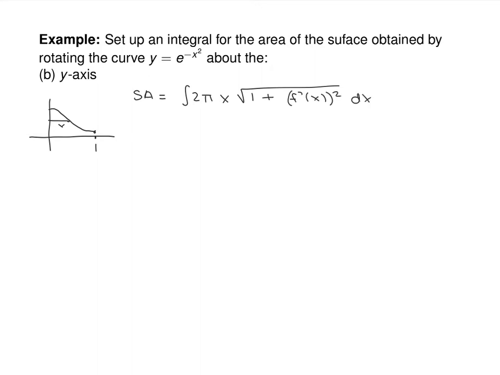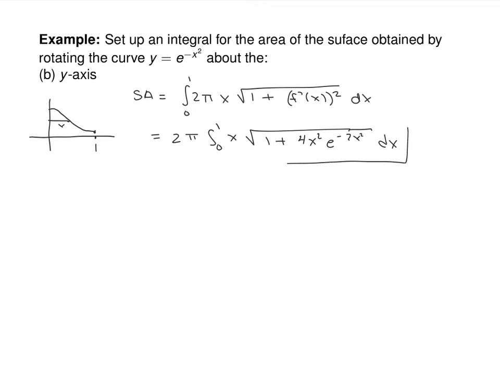If we want to use dx's, we can use 0 and 1. So 2 pi integral 0 to 1 of x square root 1 plus the same thing as before, 4x squared e to the negative 2x squared. Notice here we chose not to replace x with any kind of equation, so we just leave it as x.